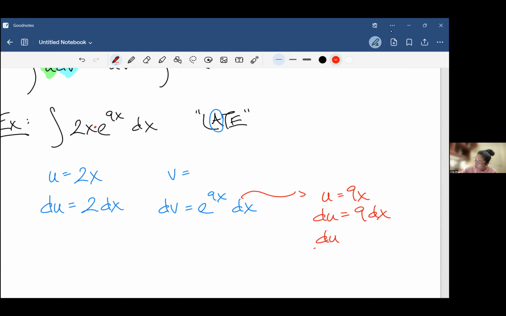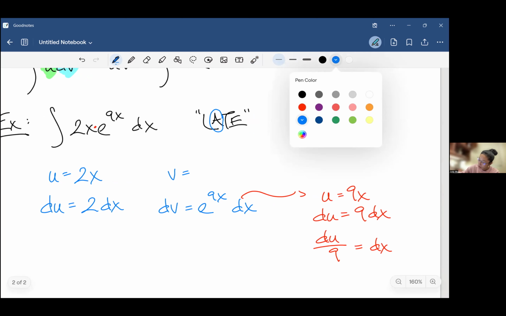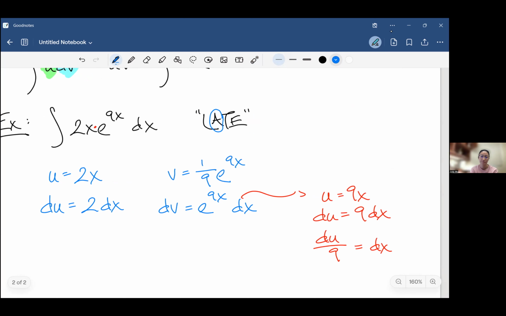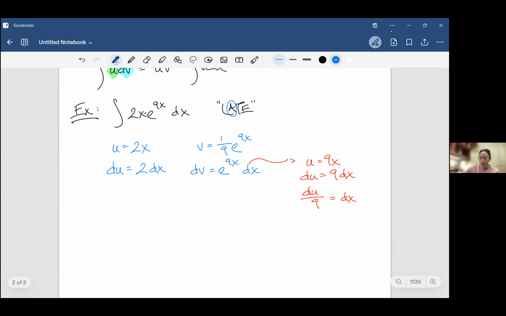That means that I really have 1/9 du equals dx. When we integrate, we end up with 1/9 e to the 9x. Now we've got our setup.